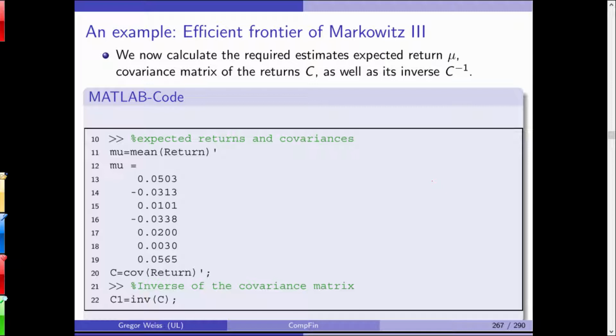Mu is mean of return, C is cov of return, and C1 is just inv for inverse of the matrix C. So we have mu, we have C, and the inverse of C, and these are just 3 lines in MATLAB.